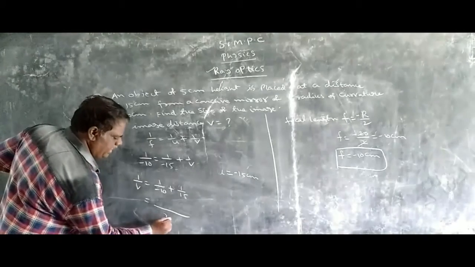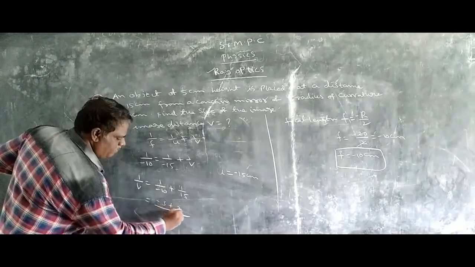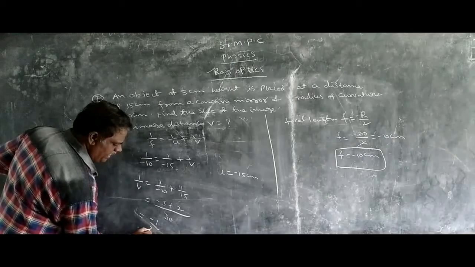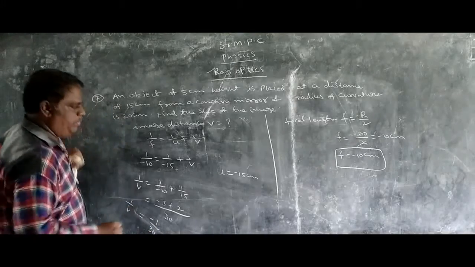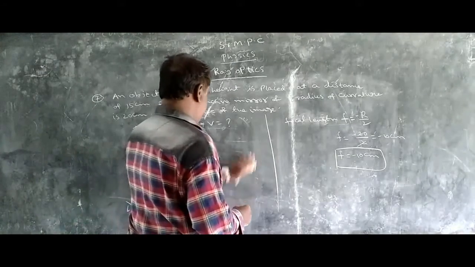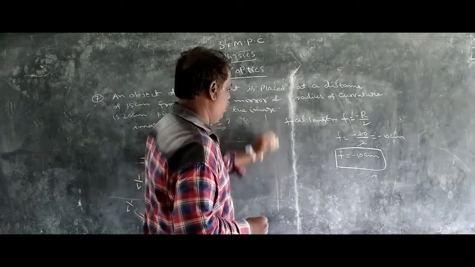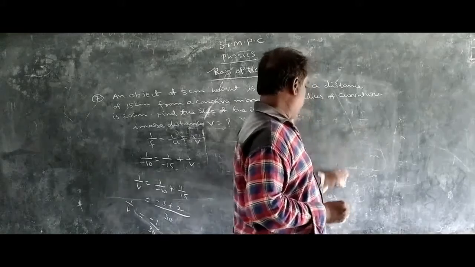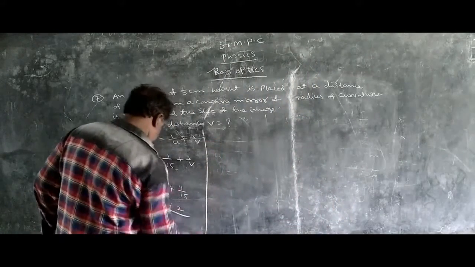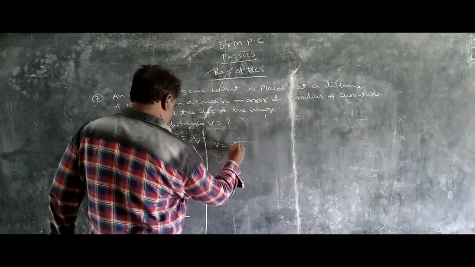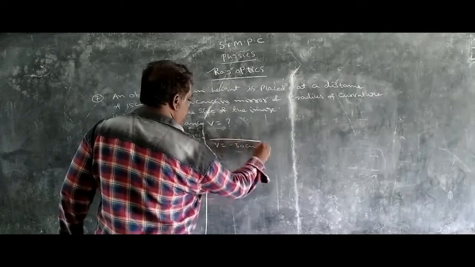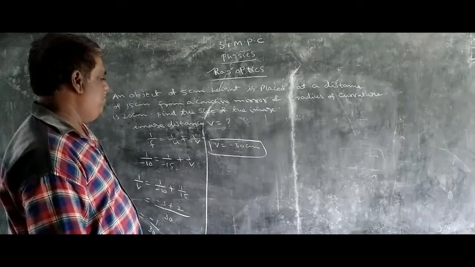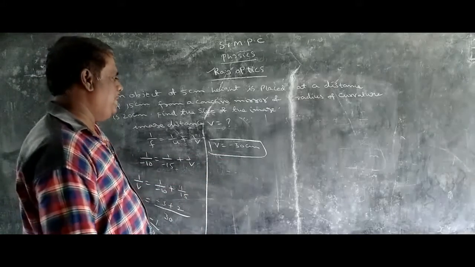Here LCM will be 30: minus 3 plus 2, that will be equal to minus 1 by 30. So 1 by V equal to minus 1 by 30, or V equal to minus 30 centimeter. So we have calculated the image distance. Image distance V equal to minus 30 centimeter.